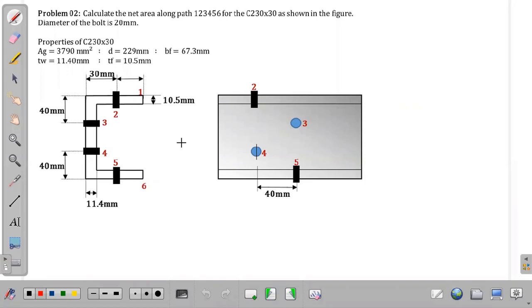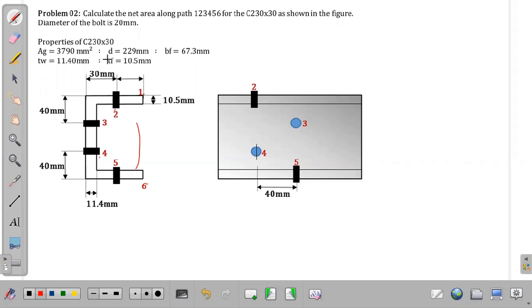We have to calculate the net area along path 1, 2, 3, 4, 5, 6 for the C20 by 30 as shown in the figure. This is the given. The diameter of the bolt is equal to 20 mm.